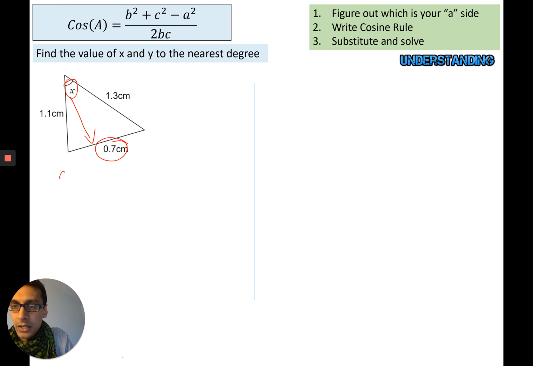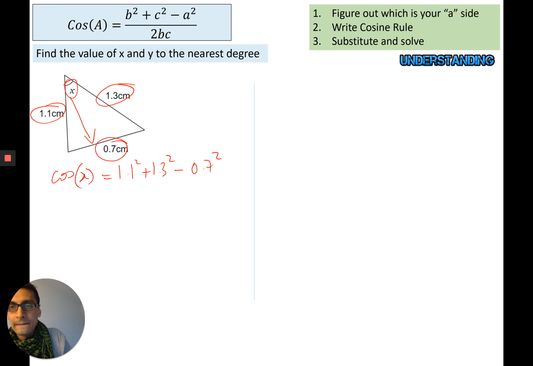So this will be a squared equals b, sorry, that's the wrong formula already. You're going to write cos of x equals, now your B and your C are going to be those two, so it's 1.1 squared plus 1.3 squared, take away 0.7 squared over 2bc, so that's 2 times 1.1 times 1.3.